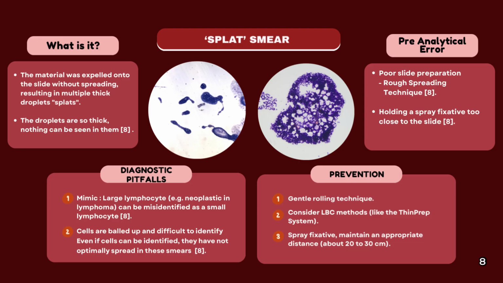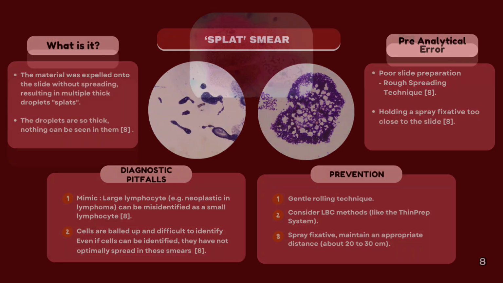This splat smear makes large lymphocytes, for example neoplastic cells in lymphoma, be misidentified as small lymphocytes because the cells are difficult to identify. As for the prevention, the first one is gentle rolling technique. Number 2, consider using liquid-based method. And lastly, when spraying fixative, maintain an appropriate distance, which is 20 to 30 centimeters.